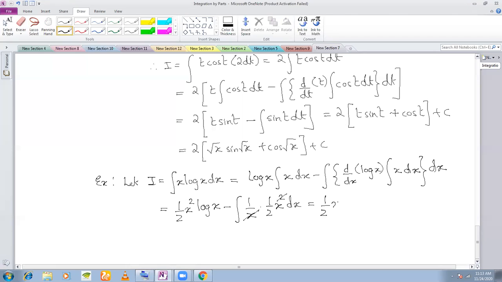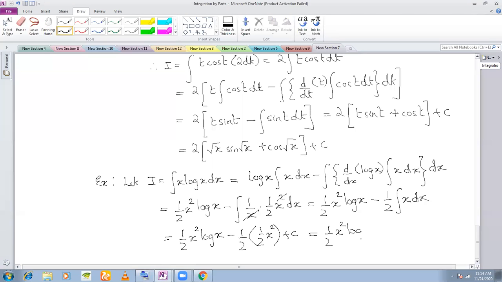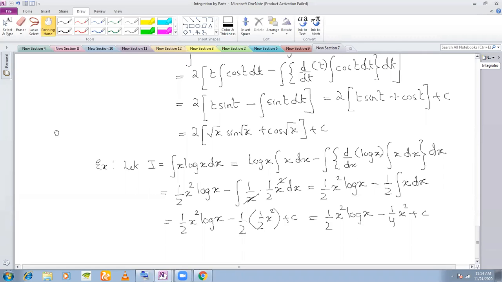You're simply getting half of x square log x minus half integral x dx, which is half x square log x minus half of half x square plus c, which is half of x square log x minus 1/4 x square plus c.